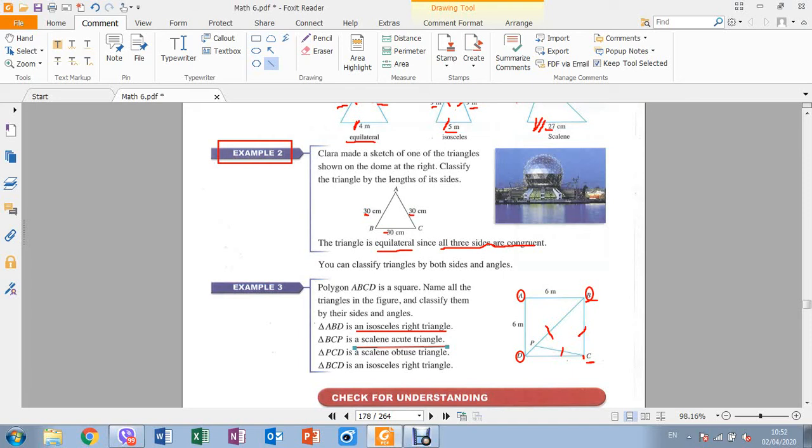Okay, now another triangle. I need to remove this. So triangle PCD.